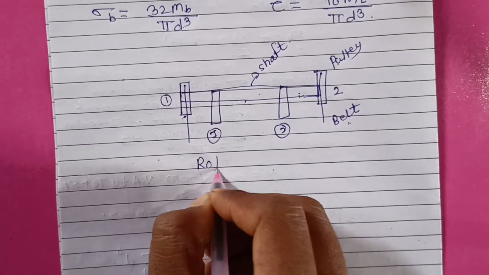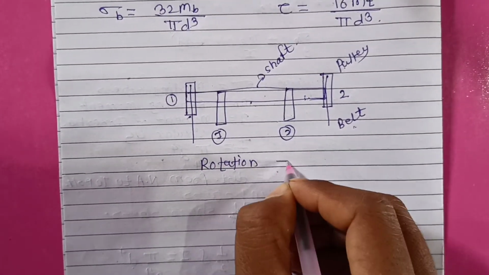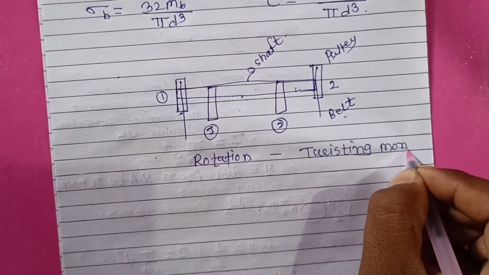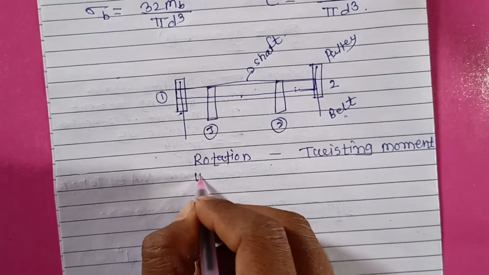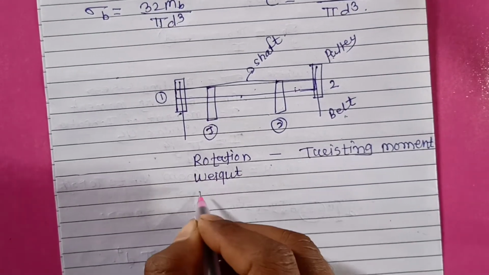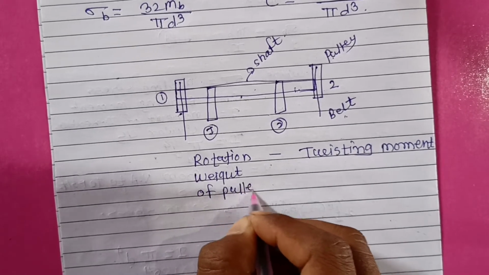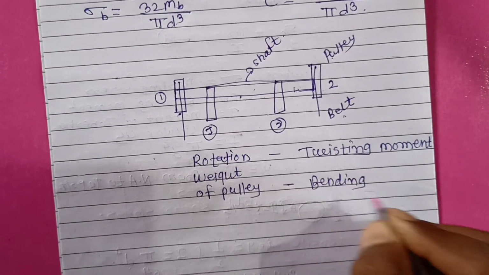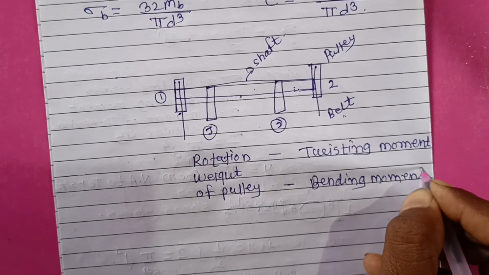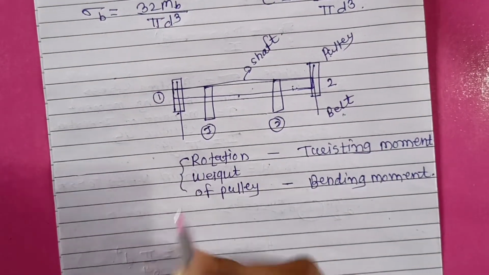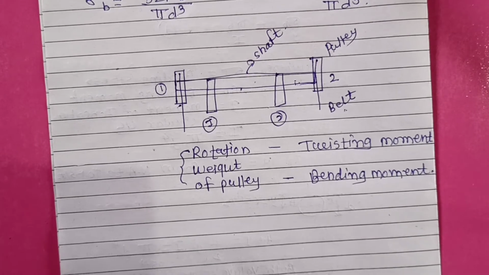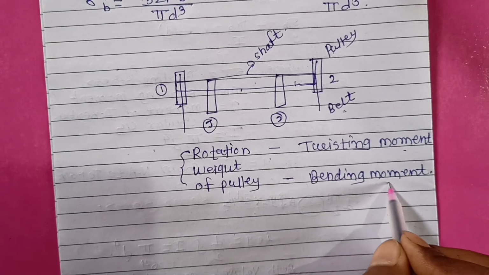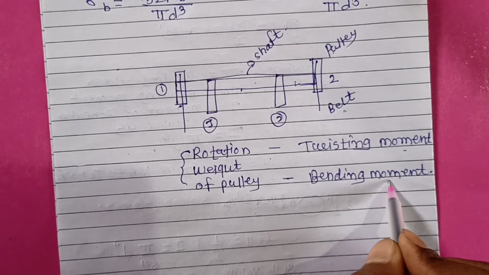Due to the rotation, the twisting moment acts on the shaft, and due to the weight of the pulley, the bending moment acts on the shaft. At one time these two moments act on the shaft, and due to the twisting moment torsional shear stress is created, and due to the bending moment bending stress is created.